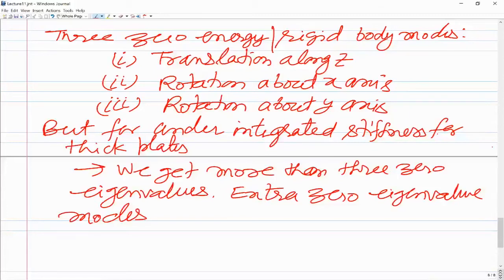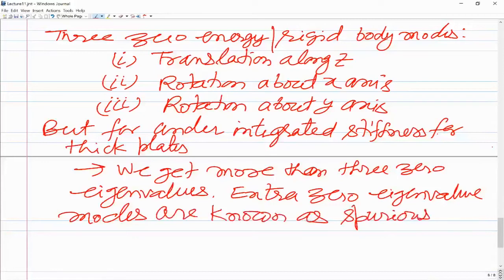They will have a zigzag pattern, and they are known as spurious modes or hourglass modes.